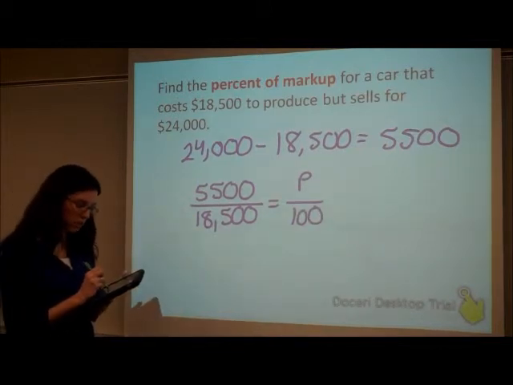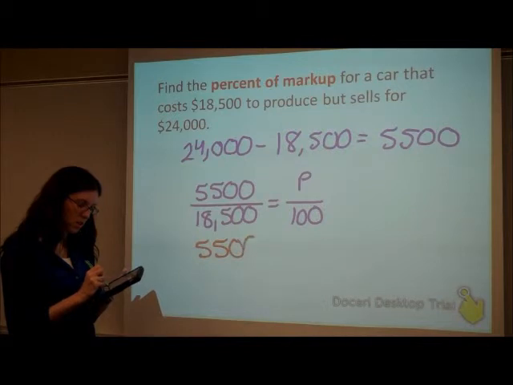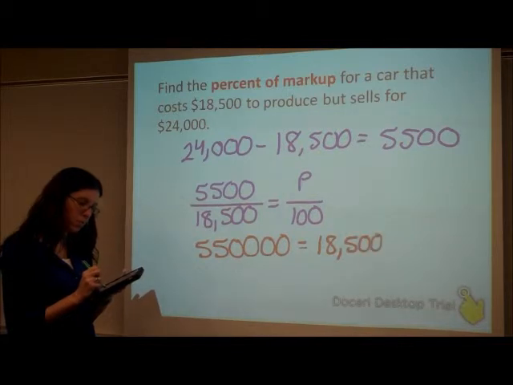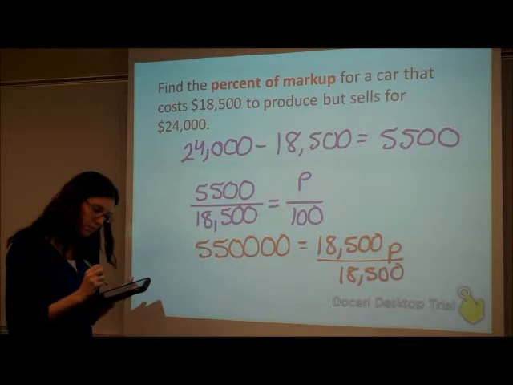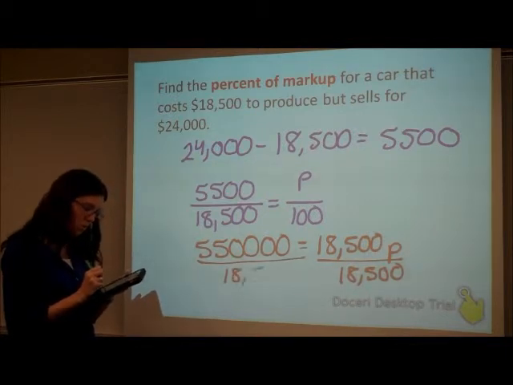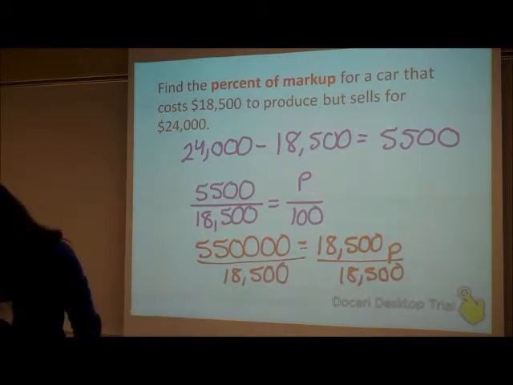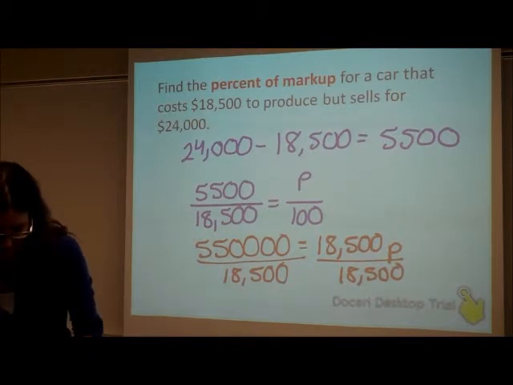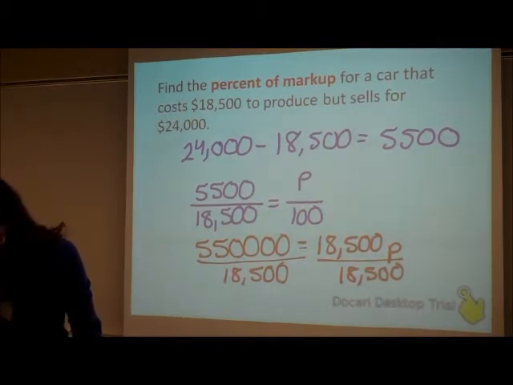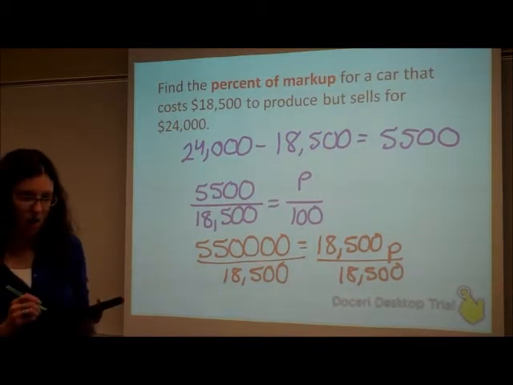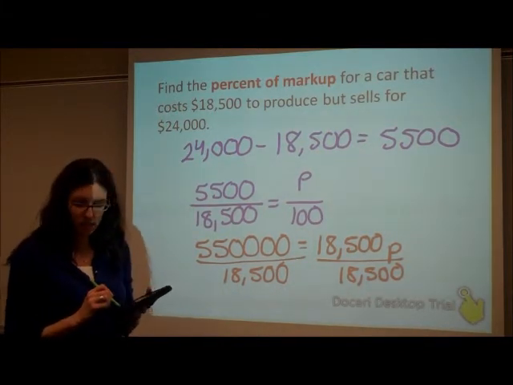So using my cross products, 550,000 would equal 18,500p. Divide both sides by 18,500. Make sure I had all my zeros entered in. Okay, we get a weird decimal.